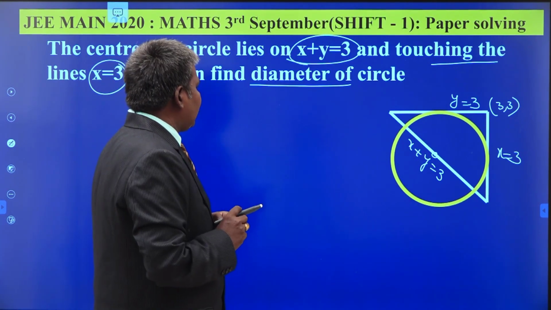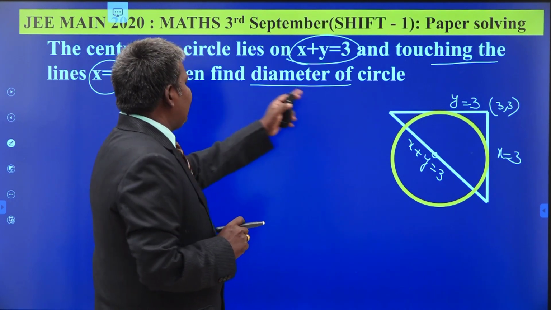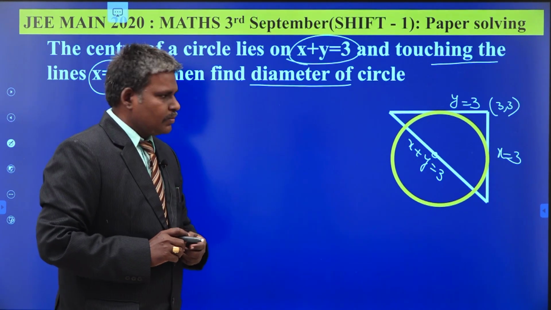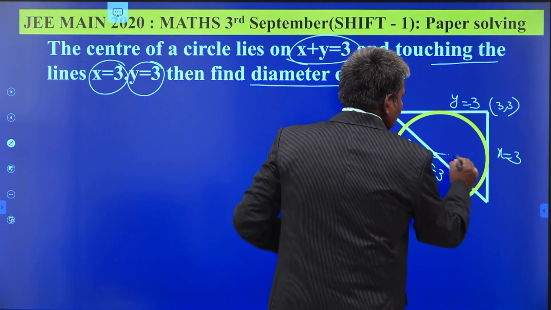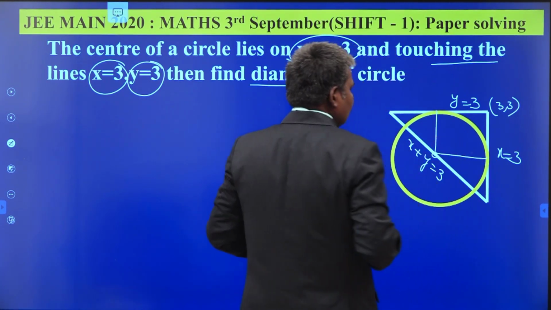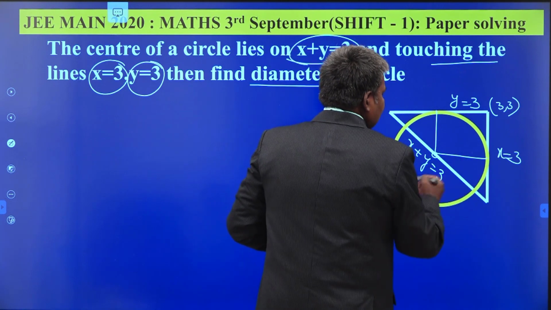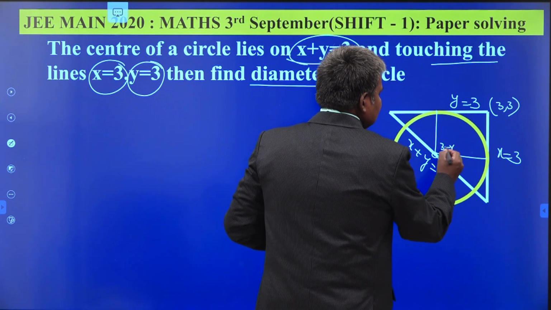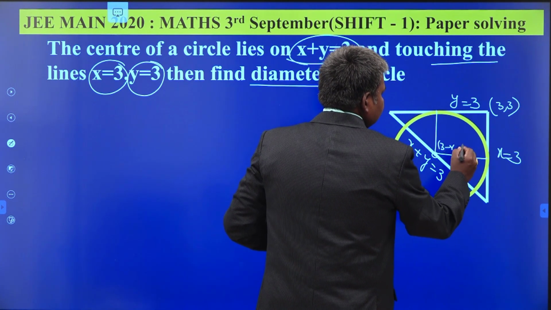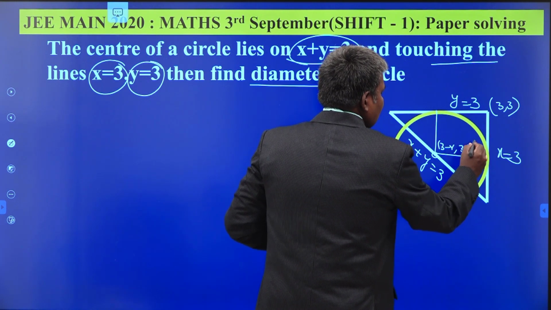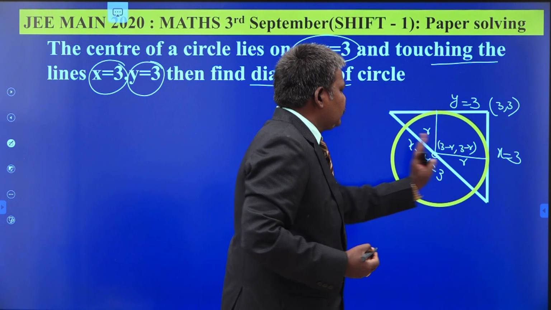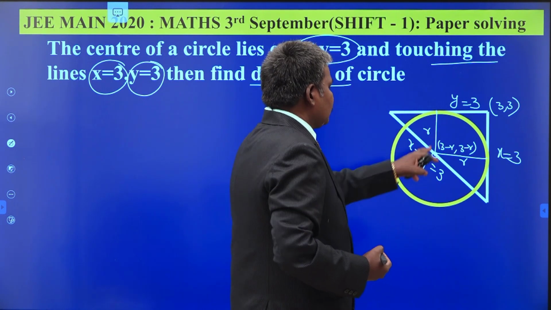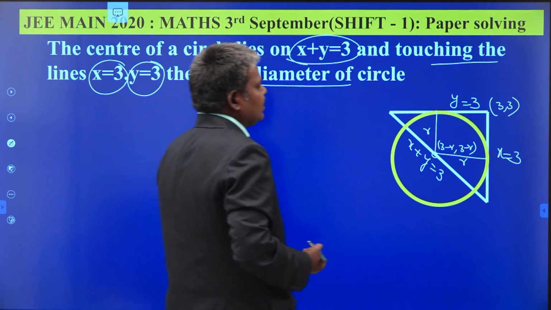Now we have to find out the diameter of the circle. Now if you take this one as center, draw two perpendiculars in this manner. What is the center form? 3 minus r comma 3 minus r. Am I correct or not? If you take radius as r, then 3 units left side, 3 units down. Therefore 3 minus r comma 3 minus r.